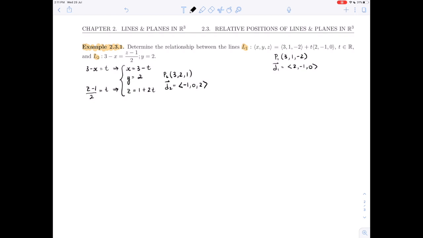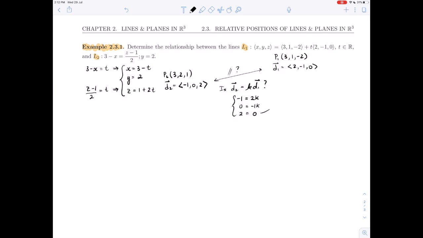The first thing we want to do is look at these direction vectors and ask, are they parallel? In other words, is d2 some multiple of d1? If it were, we'd have this little system of equations: -1 would have to equal 2k for the x component, 0 would have to equal -1k, and 2 would have to equal 0 times k, or 0.